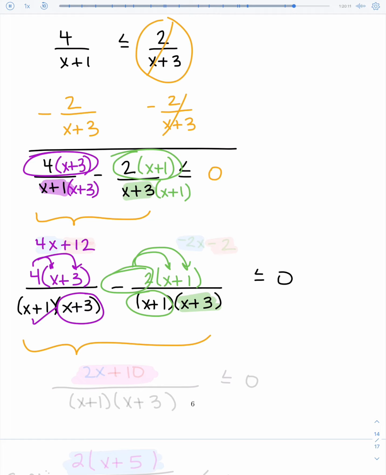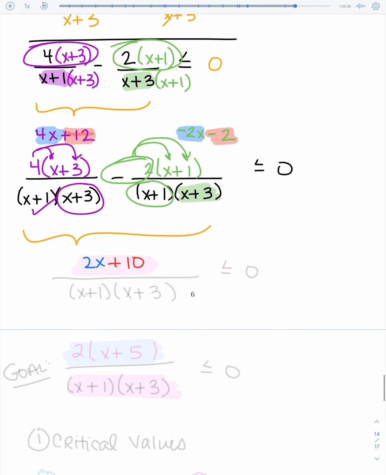Multiplying out, be careful, a negative 2 on the second group will give us negative 2x minus 2. Now we can go ahead and combine like terms. We've got a 4x and a negative 2x, which will give us a 2x. We've also got a 12 and a negative 2, which will give us a positive 10.